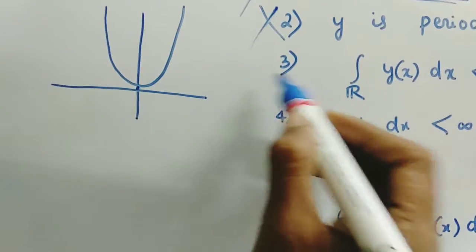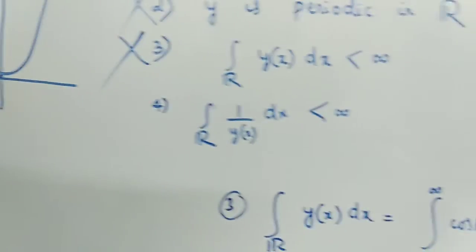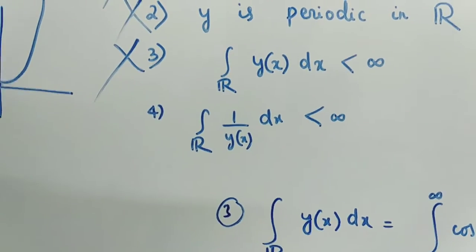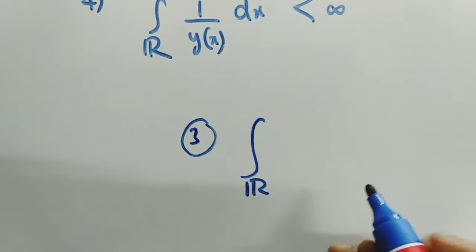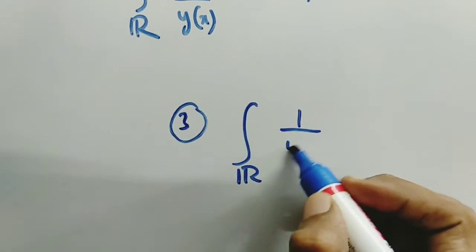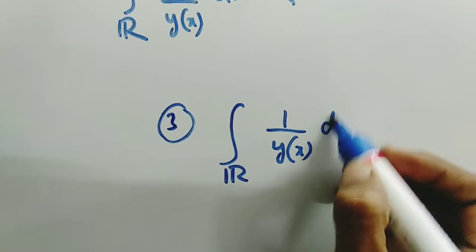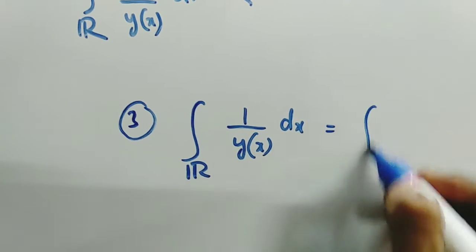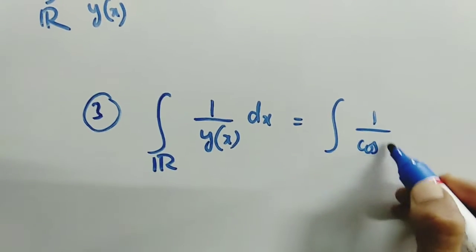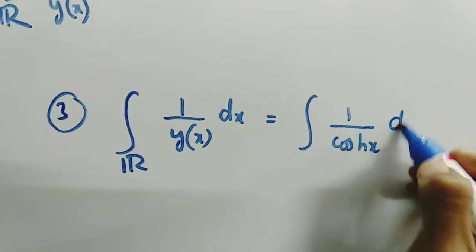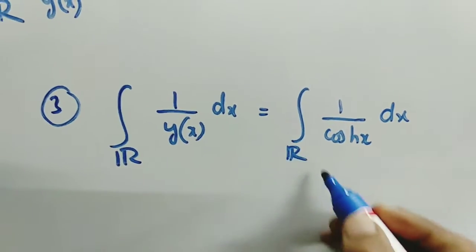Okay, so only one option is left, that is the integration of 1 by y of x dx. We have to check whether it is less than infinity or equal to infinity. So we can directly check from the formula. Y of x is cos hyperbolic x, and what is cos hx in terms of e to the power x?